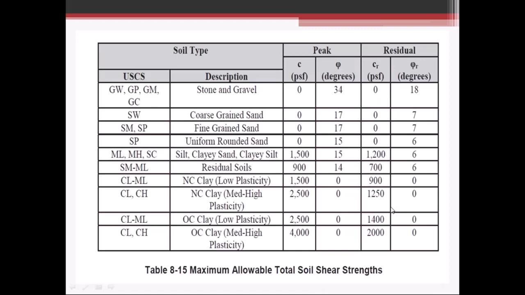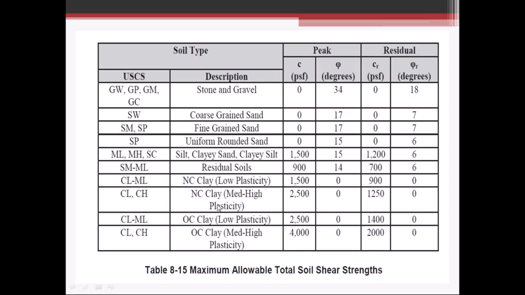So the DOT Geotech Design Manual has a couple of tables that are useful. This one here shows the maximum allowable total shear strengths, or undrained shear strength, values of different soil materials, also depending on whether they're normally consolidated or over consolidated.